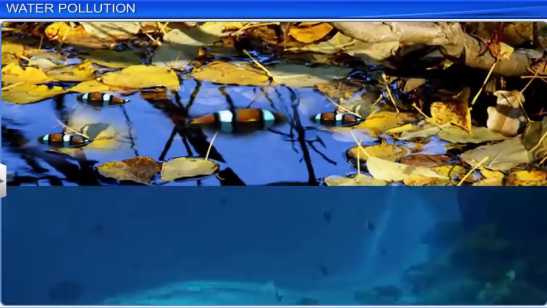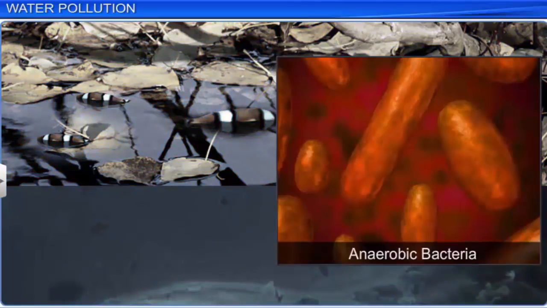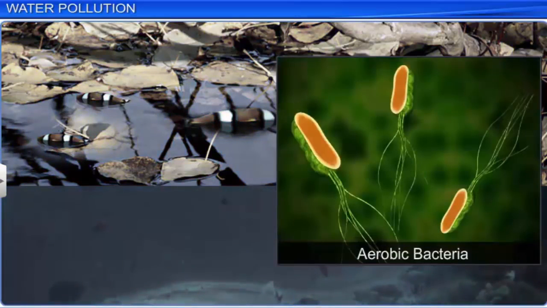The dead aquatic animals form organic waste. They are broken down by anaerobic bacteria, which break down these wastes producing harmful chemicals with a foul smell, and by aerobic bacteria, which lead to further depletion of oxygen from the water.